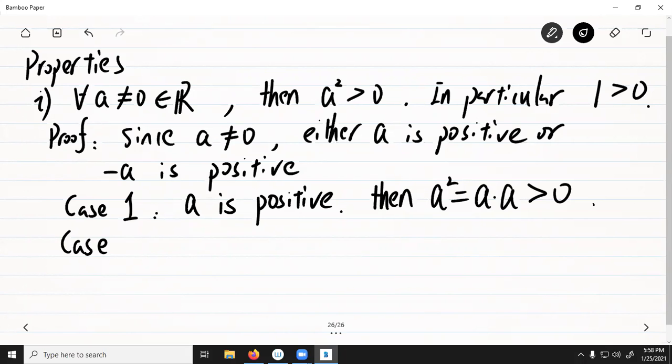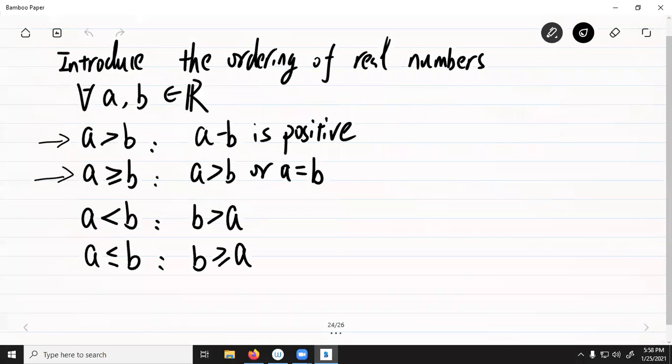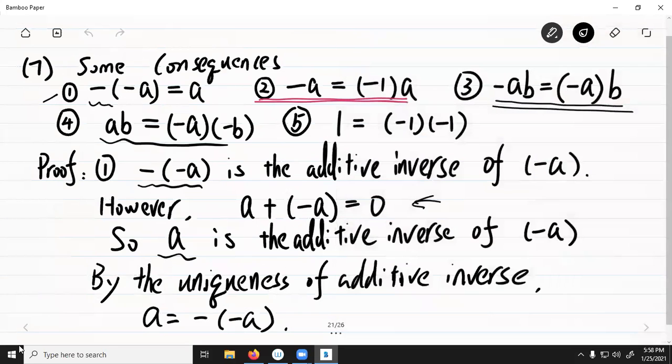Case 2: negative A is positive. Then we know A squared should be equal to negative A times negative A. We already proved A squared is A times A, and A times A equals negative A times negative A. So negative A times negative A equals A squared.